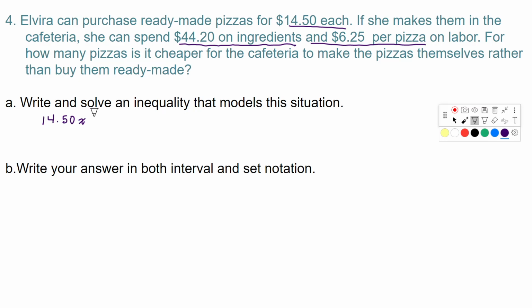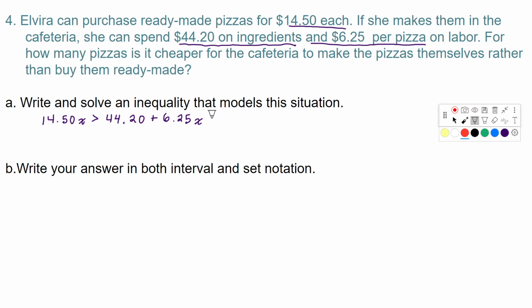We want the cafeteria to be cheaper, so we want the ready-made to be more than the cafeteria. The cafeteria spends $44.20 on the ingredients plus $6.25 per pizza on the labor costs to make them.